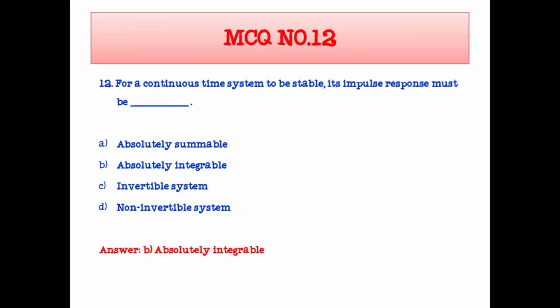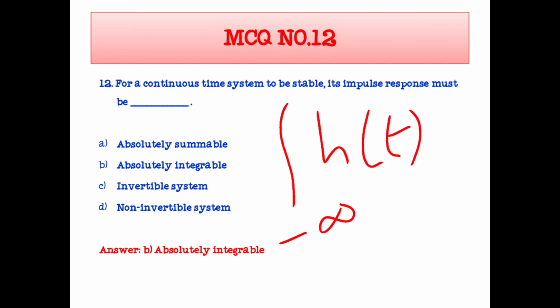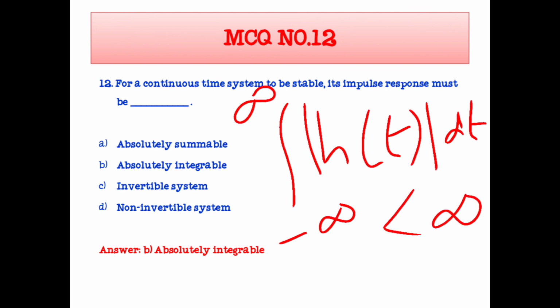So for a continuous system to be stable, its impulse response, that is h of t, must satisfy the condition: the integral from minus infinity to infinity of modulus h of t dt should be less than infinity. That is, it should be absolutely integrable.